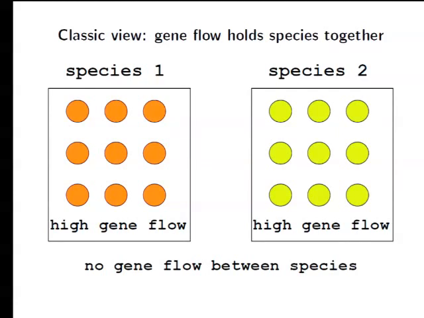First, what I'm going to call a classic view, where we think about gene flow as being a strong, cohesive force that really holds populations of a species together. So there's only limited genetic differentiation. You need strong local selection, often with trade-offs, in order to get differentiation. And the different genes in an organism's genome function as a co-adapted complex, such that there's little gene flow between species, and this holds more or less across the entire genome.